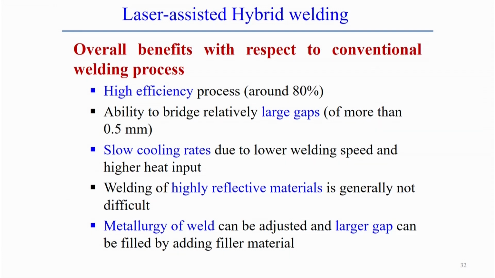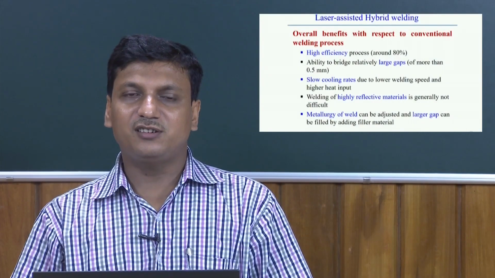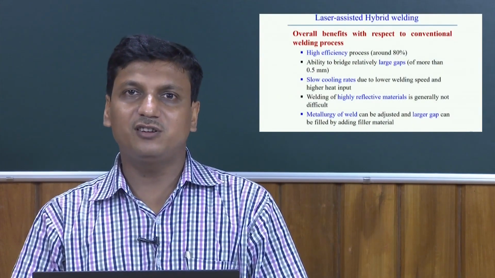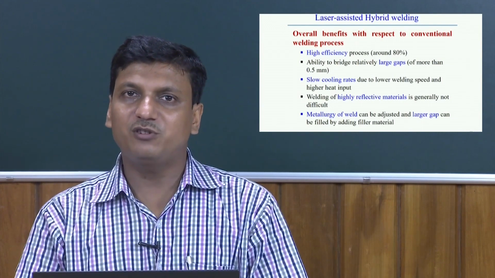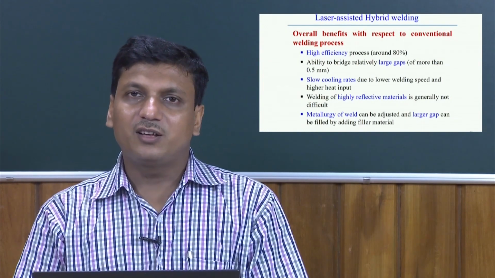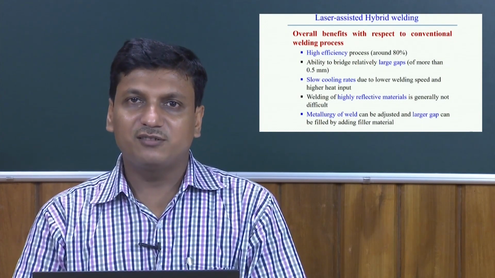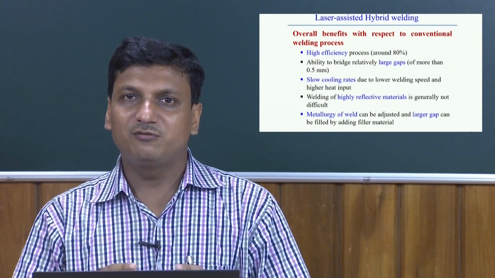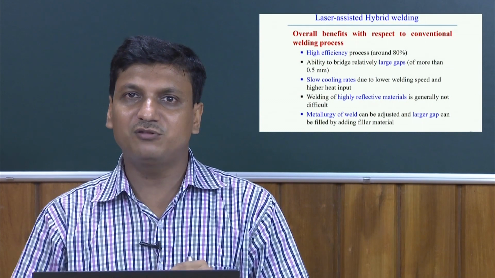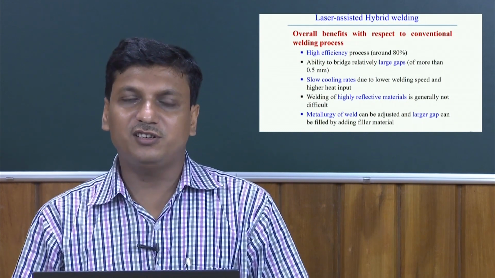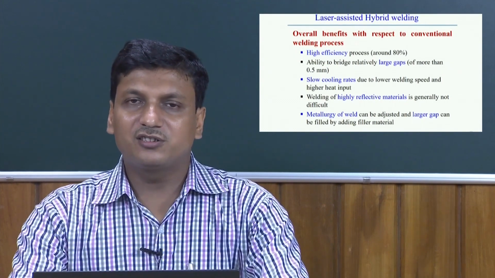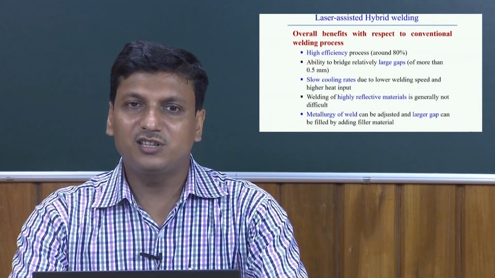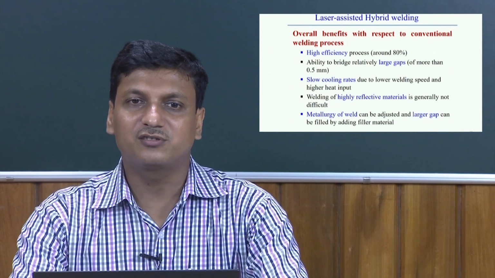In this case, the volume of the weld pool in the hybrid welding process is relatively more as compared to the laser welding process, because the arc welding tries to increase the surface area of the fusion zone, and laser welding helps to create the large penetration. So, when there exists a large gap, using laser assisted hybrid welding processes is advantageous.